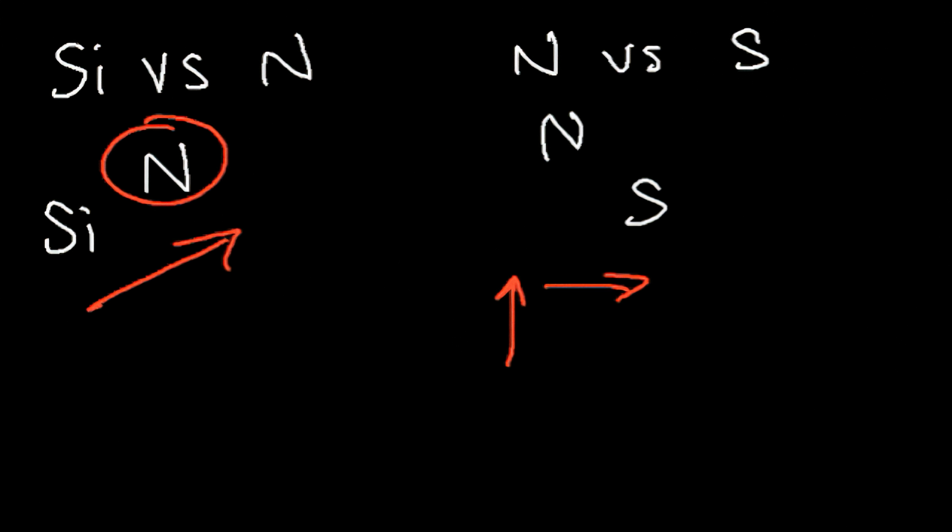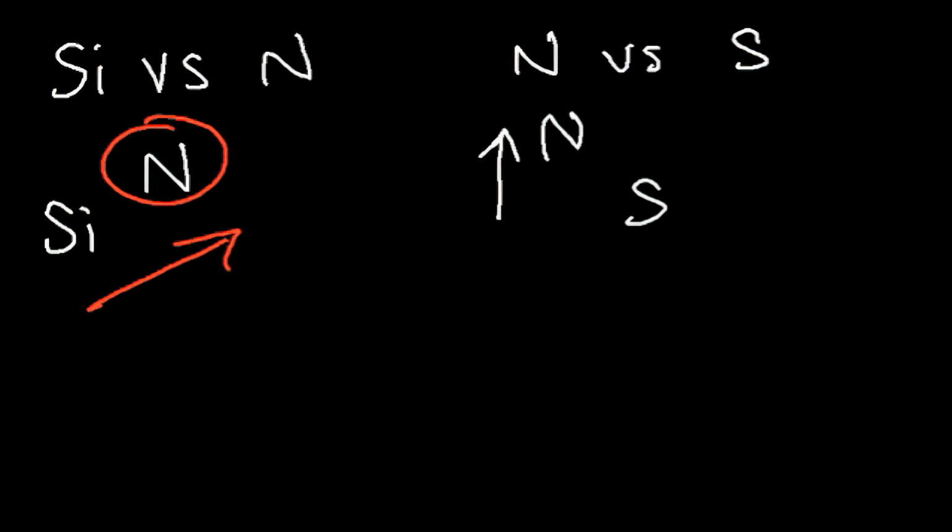So sulfur is to the right of nitrogen, but it's also below nitrogen. So how can you tell which one is more electronegative in this case? It turns out that the electronegativity increases more when you go up than when you go to the left. So the increase for going up one row is greater than a decrease from traveling one unit to the right.